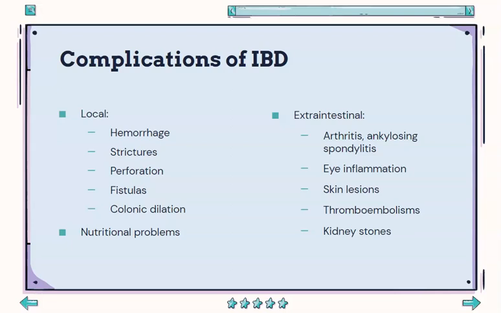Nutritional problems, we've got intake, absorption, problems like that going on. Things that can happen systemically, again, arthritis, eye inflammation, skin lesions can happen, thromboembolisms, and even kidney stones can be systemic complications we would see tied to the inflammatory bowel process.